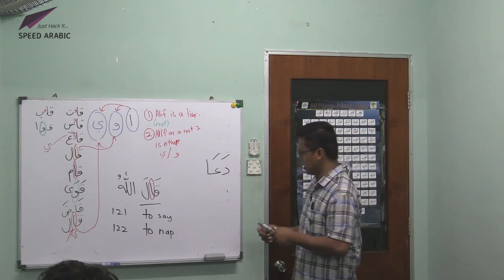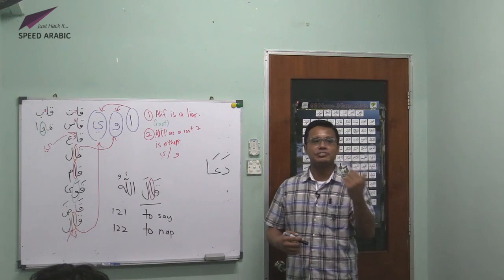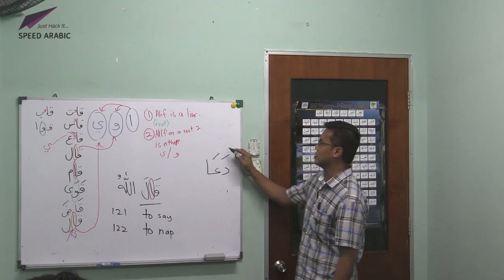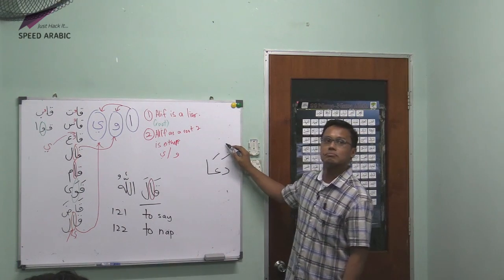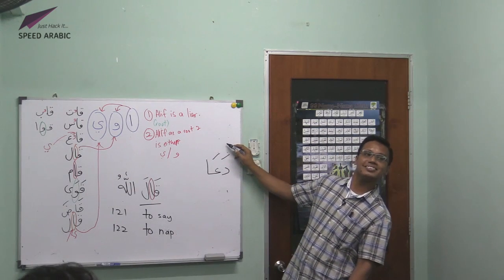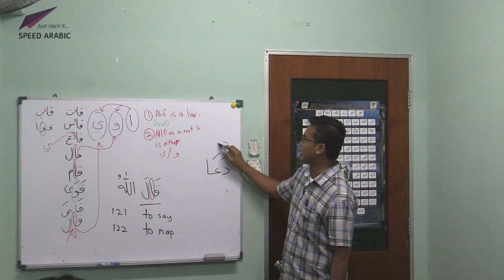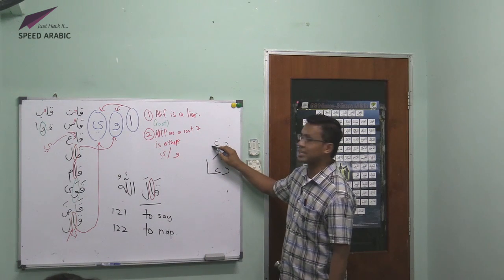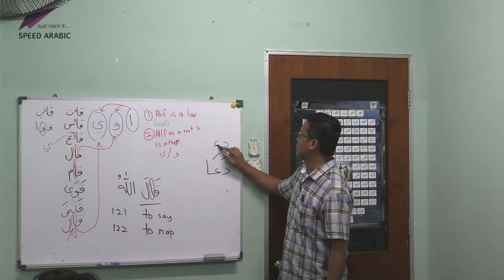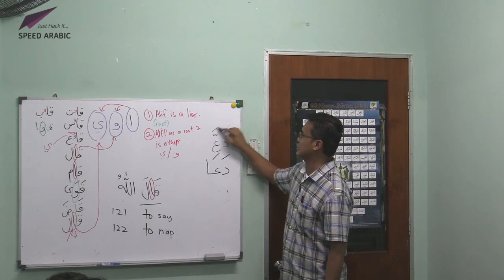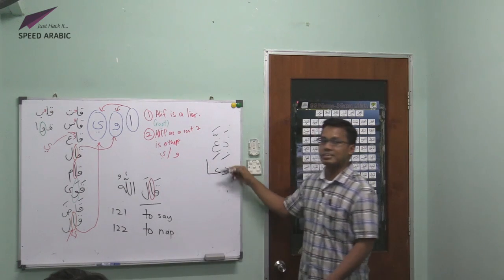To call out. Give me the entry before da'a. Spell it. Ain, shadda. Like this. The entry after da'a.